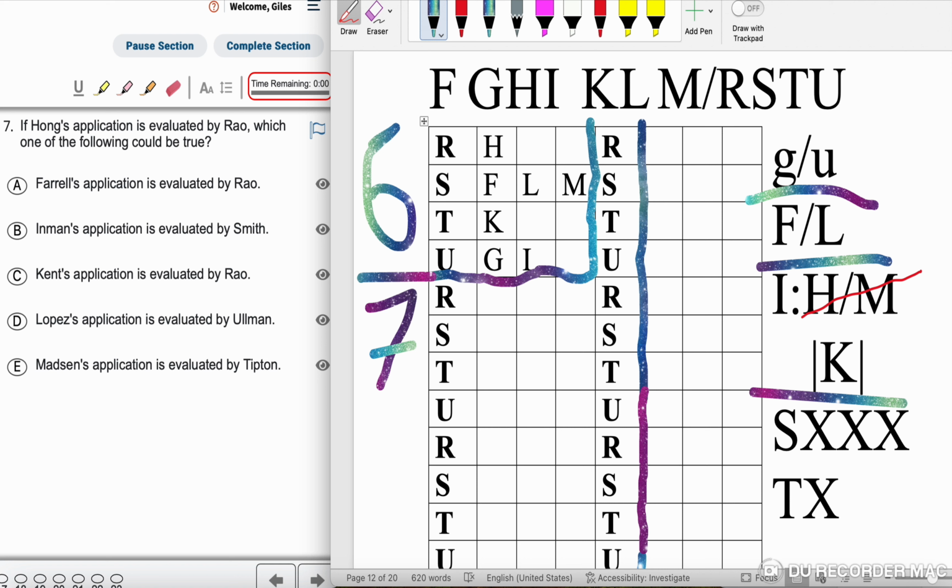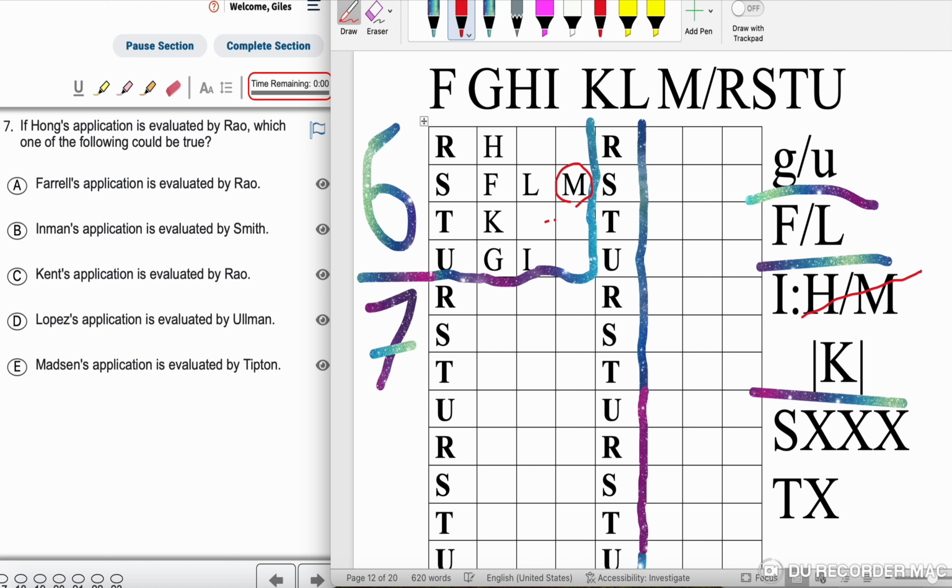Let me see if I can make one of these work. G and U, meaning that G belongs to U. F and L have to be together. H and M cannot be together, so I cannot be with the same person that owns H and M. So then M could be here.